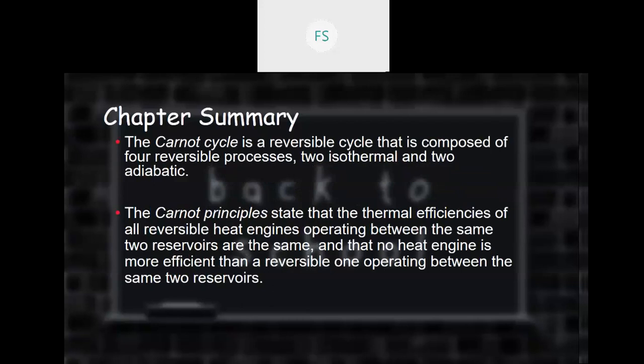Next, the Carnot principles state that the thermal efficiency of all reversible heat engines operating between the same two reservoirs is the same, and that no heat engine is more efficient than a reversible one operating between the same two reservoirs.